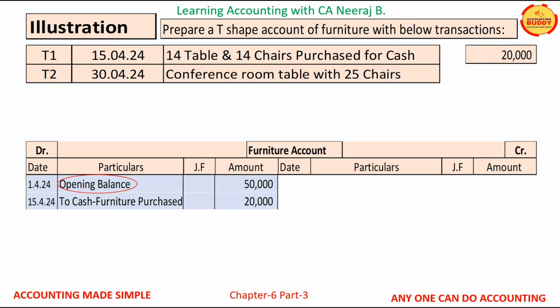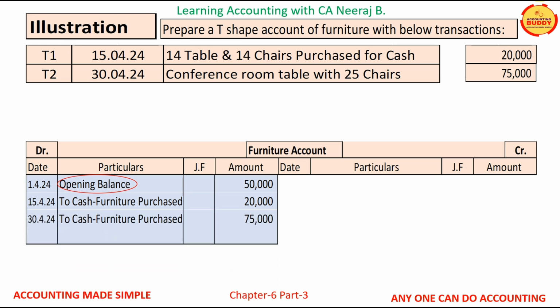Transaction 2 is on 30th of April 24, 25 chairs for the conference room are purchased for 75,000.